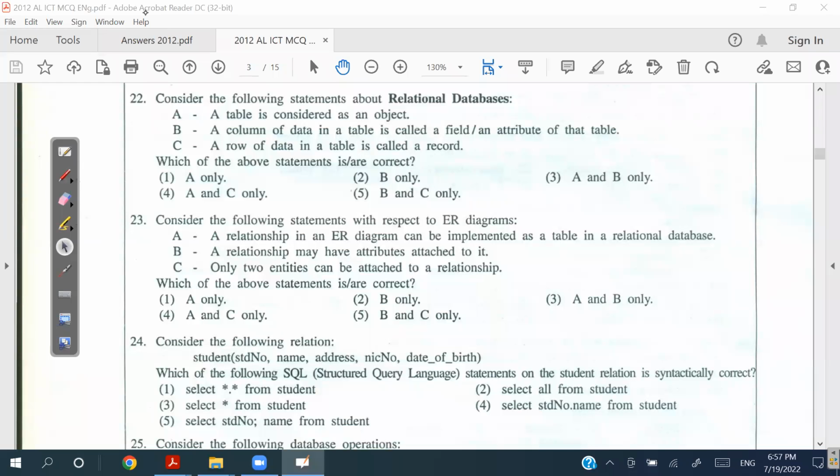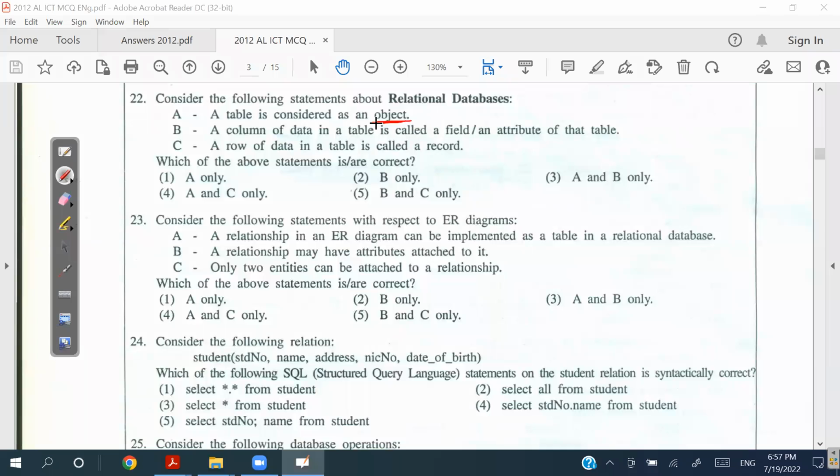Right. In the 22nd, it is asking, consider the following statements about a relational database. A table is considered as an object. The word object belongs to the object relational model. A table is considered as a relation, generally, in a relational database, right?